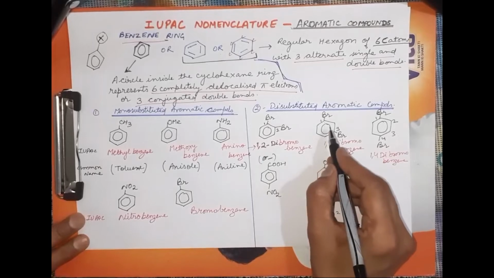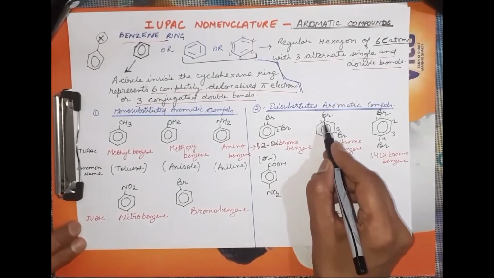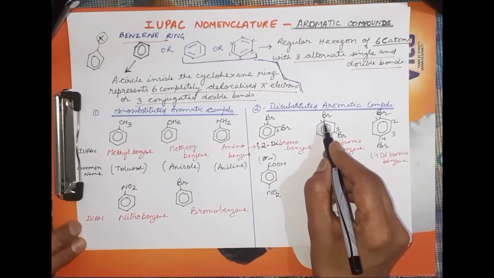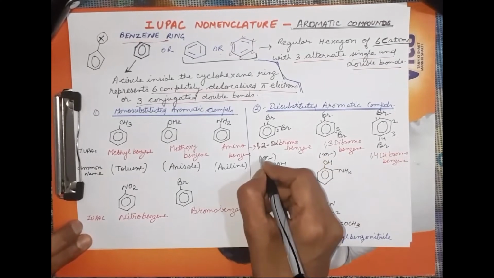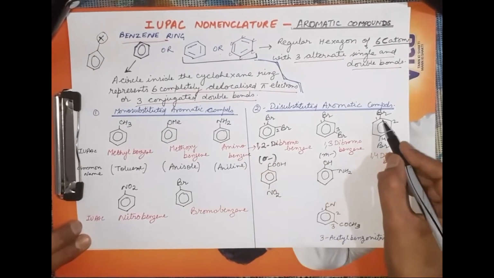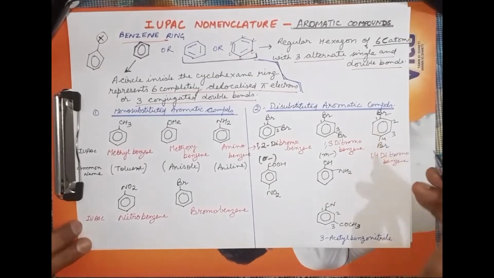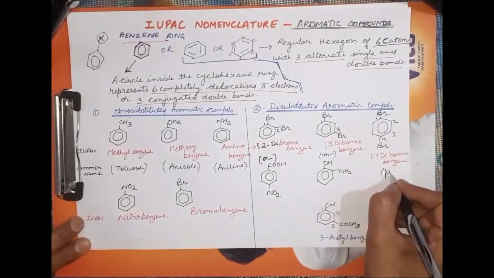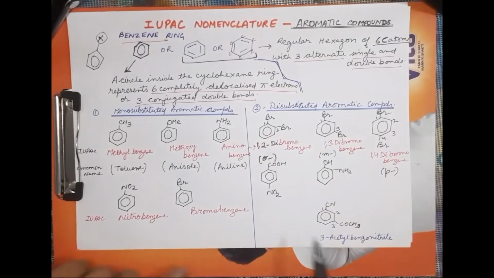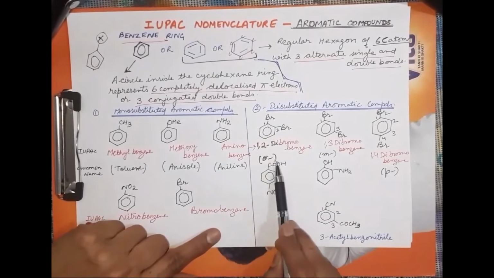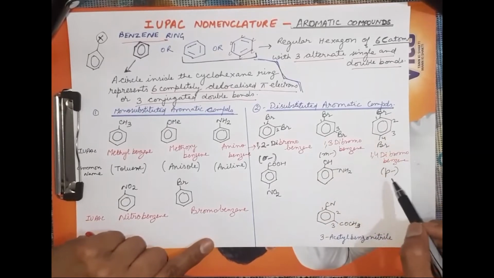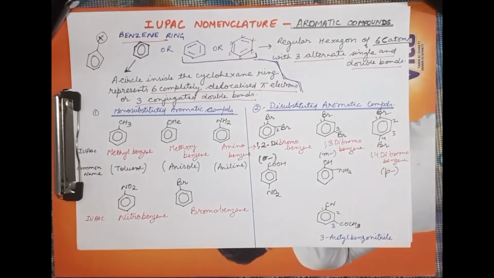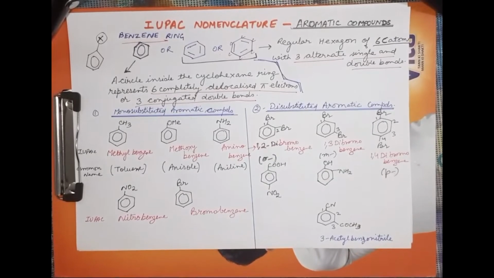Ortho is used when they are present at positions 1 and 2, meta is used when they are at positions 1 and 3, and when they are at 1 and 4 positions, then para is used. So for 1,2 position ortho is used, for 1,3 meta, and for 1,4 para dibromobenzene. This is the common name for it.